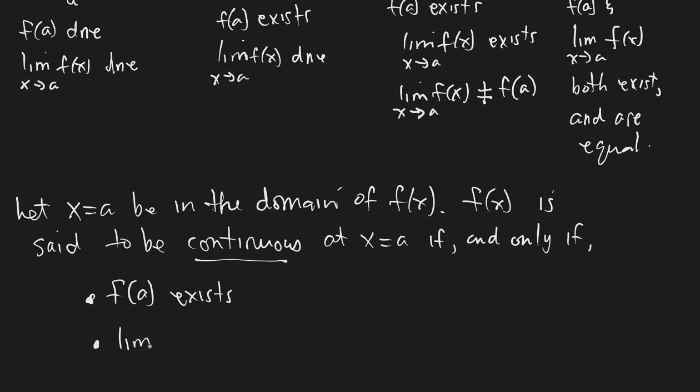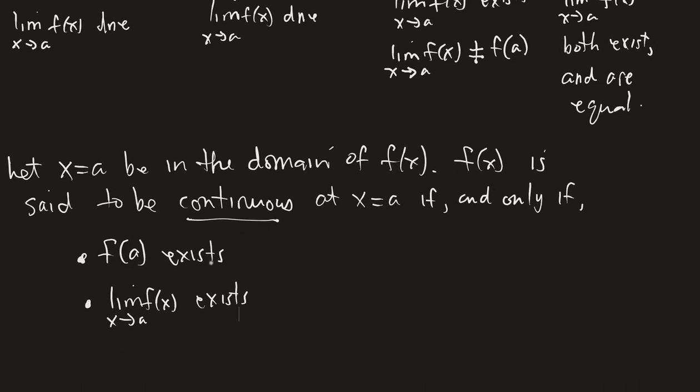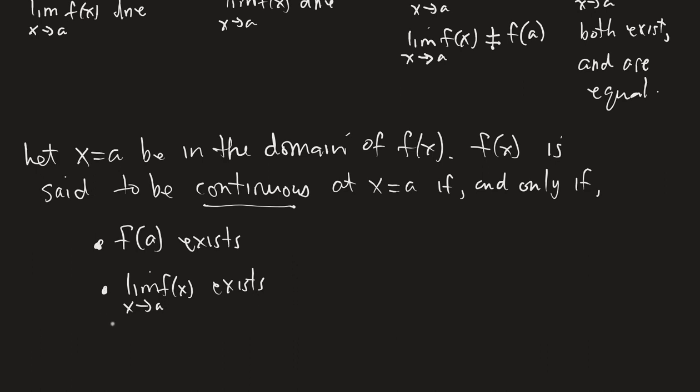Two, the limit as x approaches a of f of x exists. And then to now rule out any kind of little holes or anything like that, we want that they're equal. So three, the limit as x approaches a of f of x is equal to f of a.